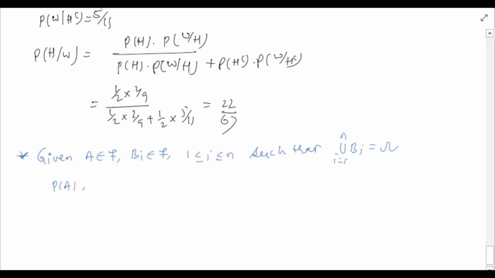Probability of A can be written as sum of probability of A intersection Bi over i equal to 1 to n, which in turn can be written as sum over i equal to 1 to n of probability of Bi times probability of A given Bi. This equality is called law of total probability.